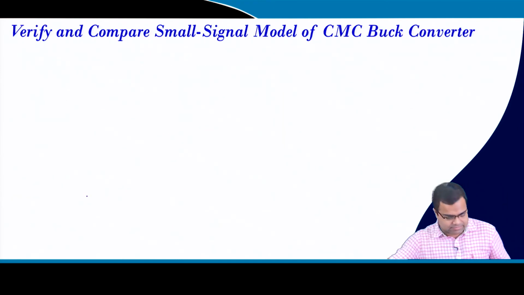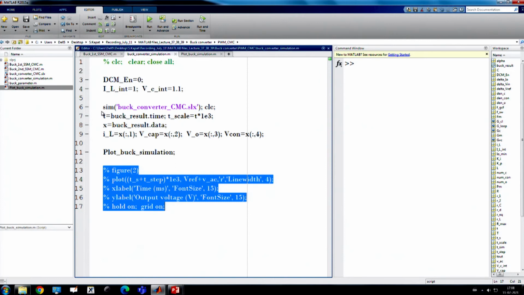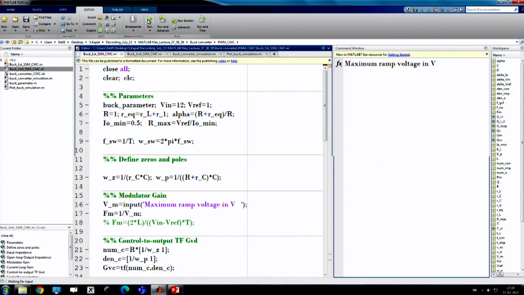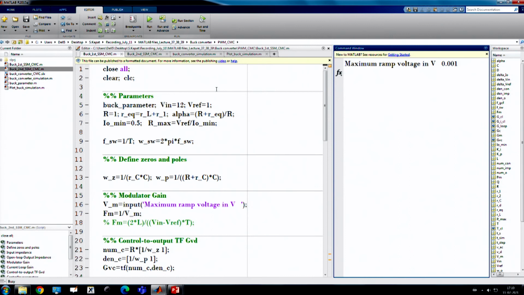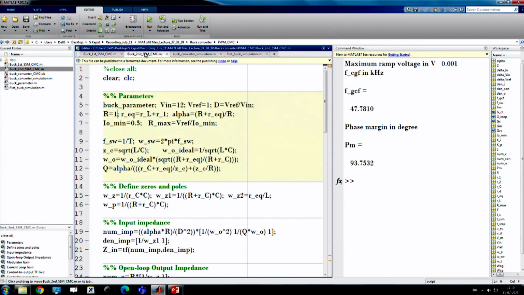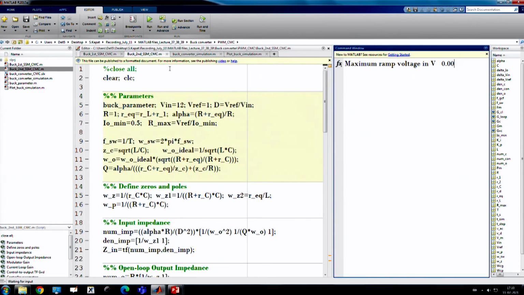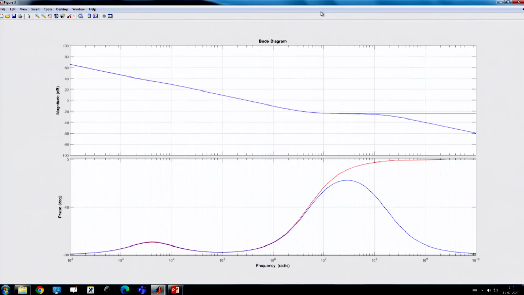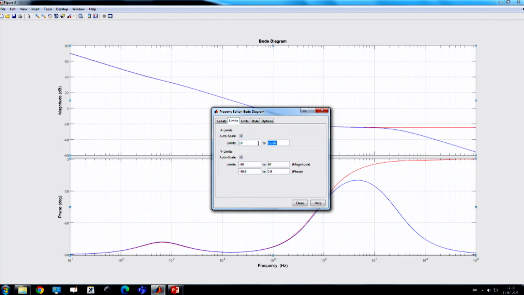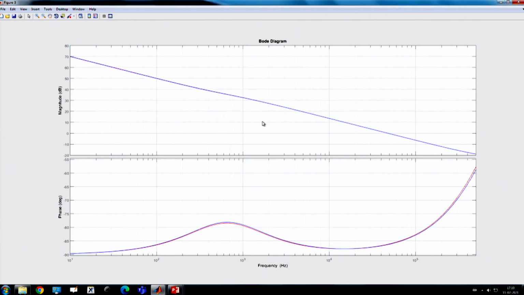Now, we want to verify, so let us go back to MATLAB and verify these two models. Okay. So, in one case we are using 0.001, and this is the loop transfer function using the first order model. Now, with the same ramp, 0.001, this is the loop transfer function and we want to compare. Okay, so let us first set the frequency limit, 5e5, which is our switching frequency.